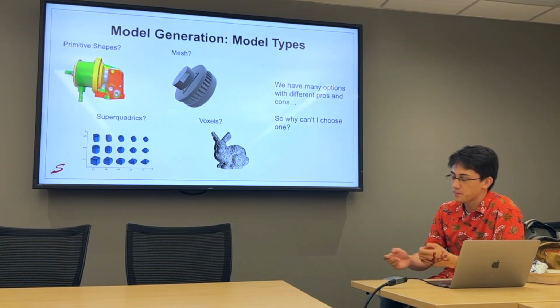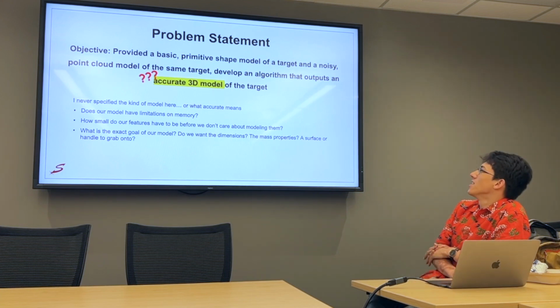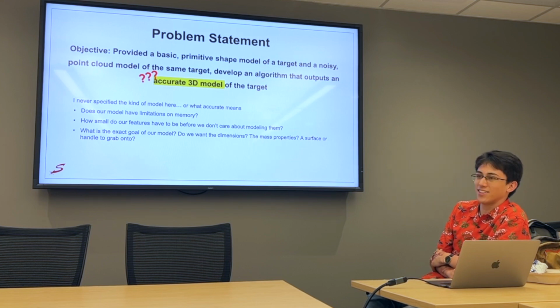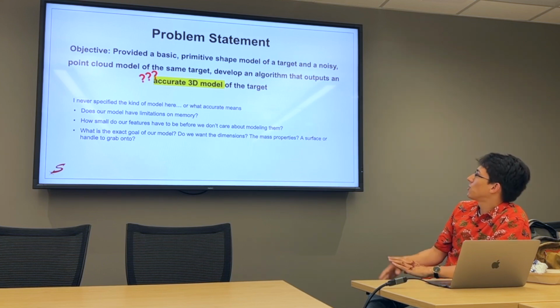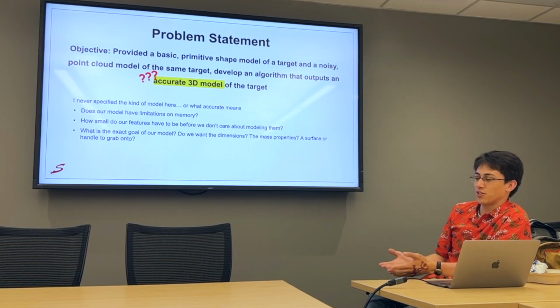What's the best? And this is where I go back to my problem statement. My problem statement wasn't that good. I think now, after I went through this, I just wrote an accurate 3D model, and that doesn't really tell you what it's trying to go for, like how accurate, what does accurate mean?